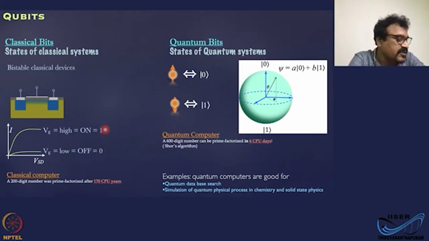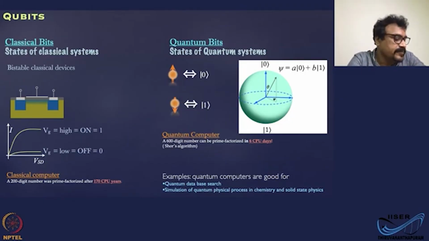Those are either zeros and ones, or we can say off state and on state. There are two states. As far as a MOSFET is concerned, either it's an on state or an off state, or current is flowing through the device, or the current is not flowing. One is a low current state, the other a high current state. Those are classical states of the system, 0 or 1. Those are bistable systems, but these states are classical states.